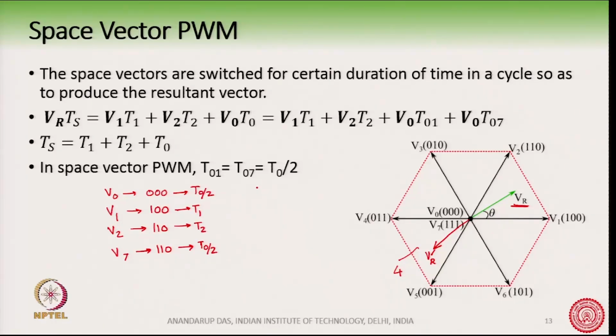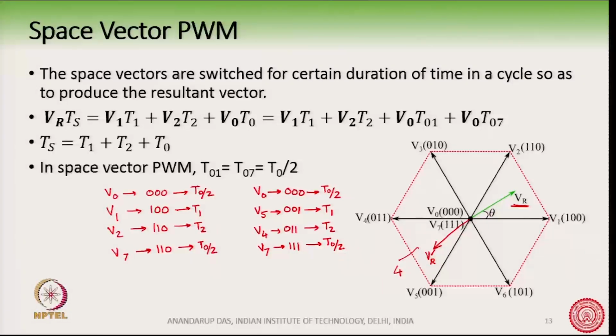I can switch V0, that is the 0 0 0 vector, for T0 by 2 time, and then I can switch V5, which is 0 0 1, for T1 time, and then I will switch V4, which is made by the combination 0 1 1, for T2 time, and then again I will switch V7, with the switching combination 1 1 1, for T0 by 2 time.